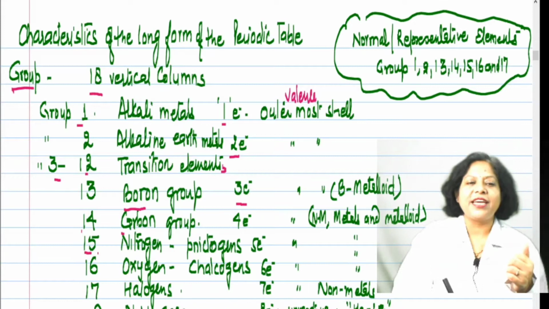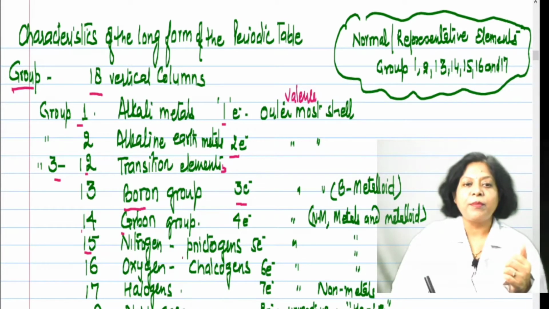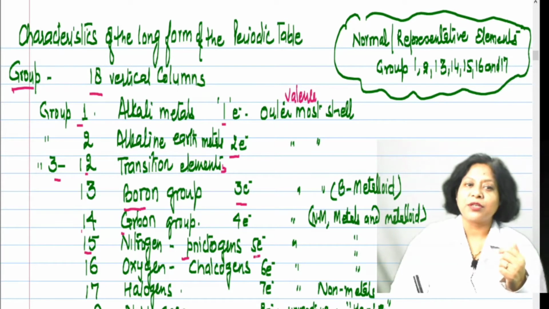Then group 15 is known as the nitrogen group. It is also known as pnictogen. Children, P is silent, so it is pronounced nictogen. It has 5 electrons as valence electrons, or 5 electrons in the outermost shell.